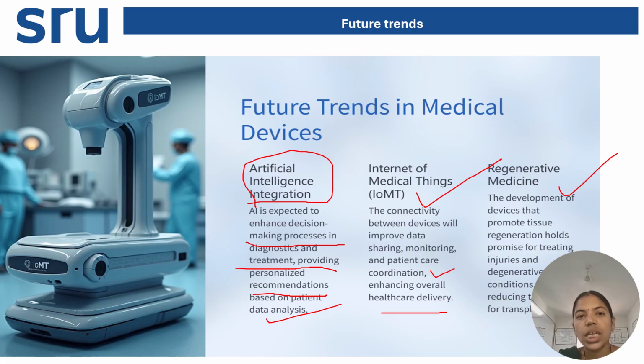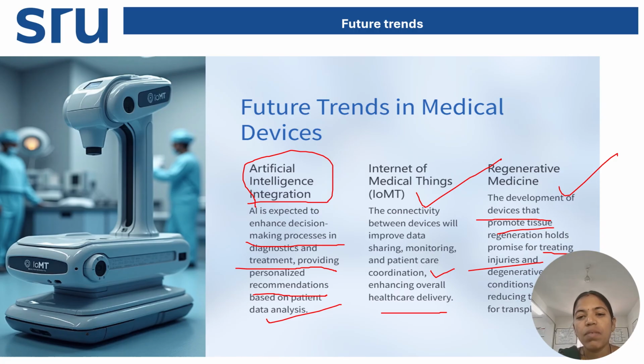Third one is regenerative medicine, the development of devices that promote tissue regeneration. It holds the promise for the treatment of injuries, and the condition of the patient can be quickly improved.